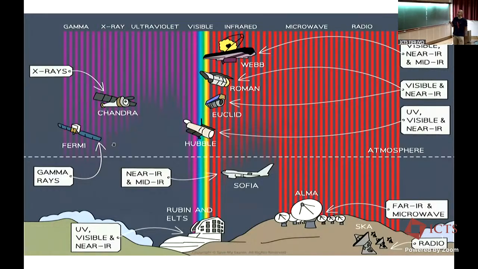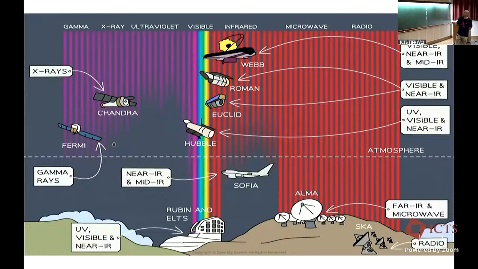Then, of course, we have this very narrow window of optical light. Of course, we all know that because this is how we see our stuff. Then there is a little bit of infrared, which also doesn't come all the way through. That's why we have things like SOFIA flying around, because they need to go up to detect this sort of radiation. Everything else is absorbed along the way mostly.